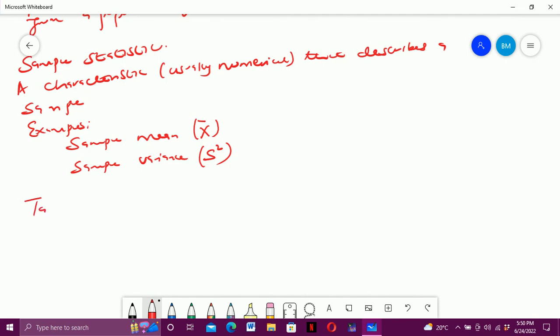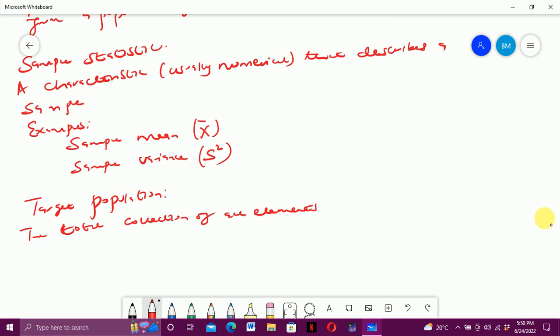The target population is the total collection of all elements that we are interested in.